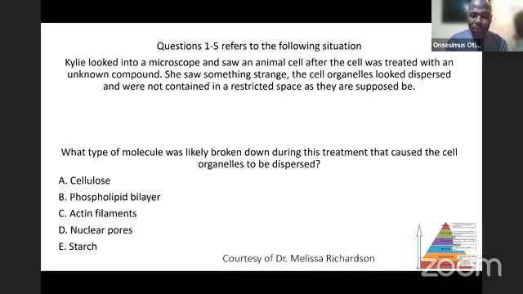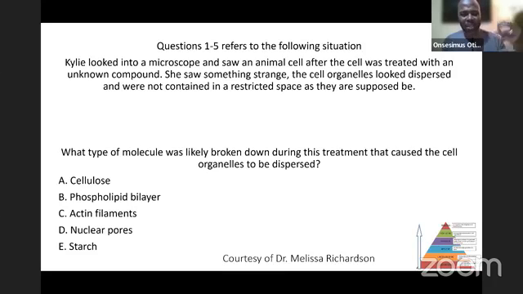I put an unknown compound, and this compound basically changes the structure, denatures the cell membrane, and suddenly everything is flowing all over. Okay, if I know the characteristics of the cell membrane, and I know that the cell membrane can be dissolved, I can already speculate that the unknown compound basically dissolved the phospholipid bilayer, and basically all those organelles are moving around because there is no longer a cell membrane.